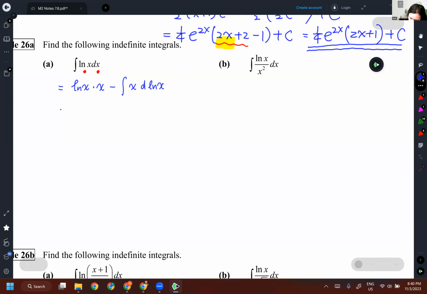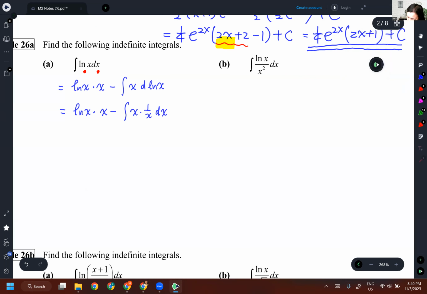And then there is this integration by substitution happening here. D log is changed to 1 over x dx. Now, I think every time we do something new, you will wonder, oh, can I do this? Yes, you can. D log is 1 over x dx, and that's a substitution.